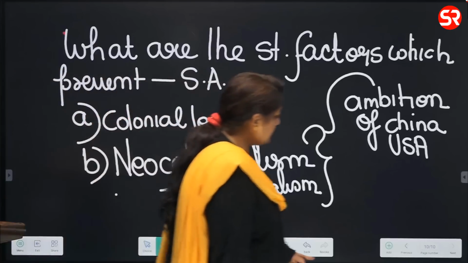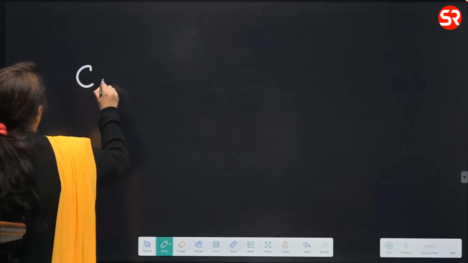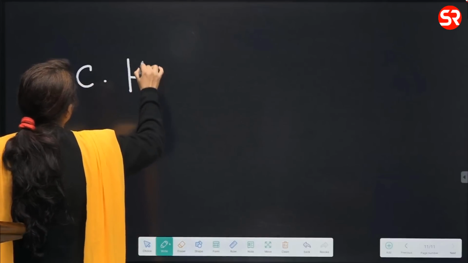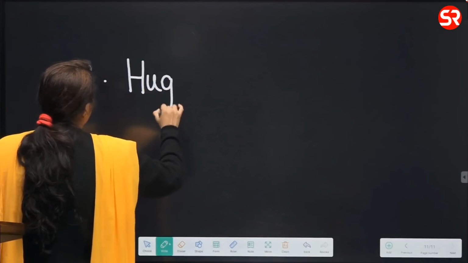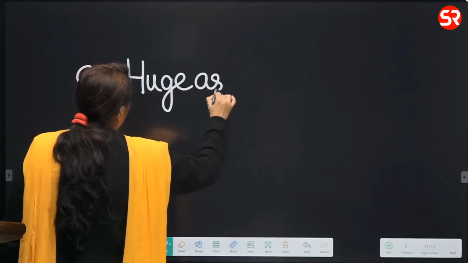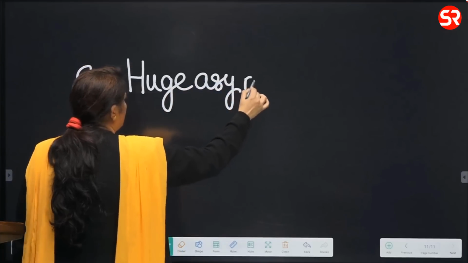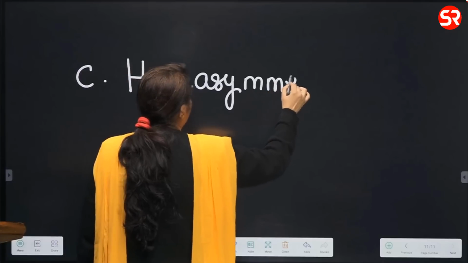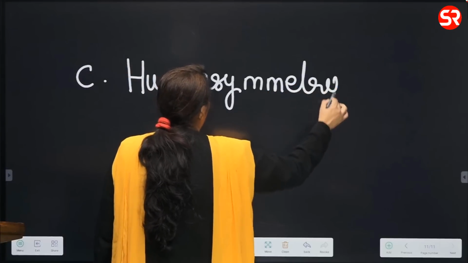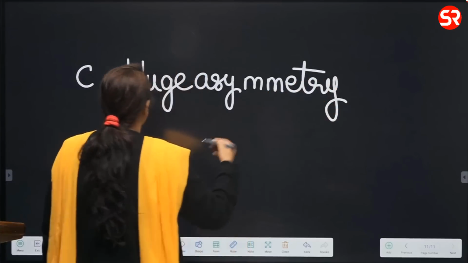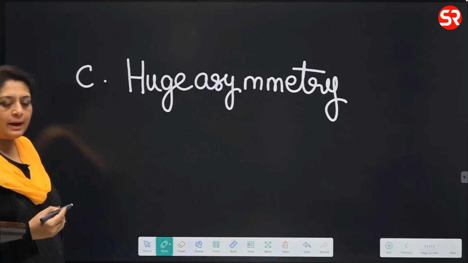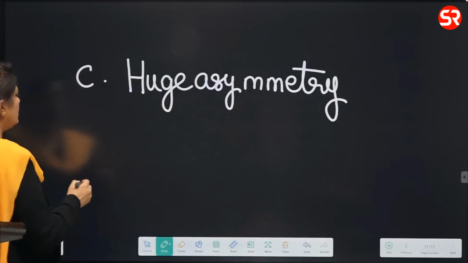Now, the other obvious reasons can be the huge asymmetry in terms of size, population. Fine, so it is very natural.